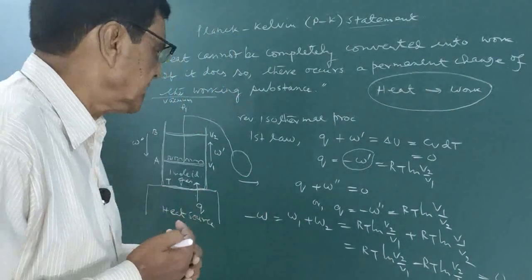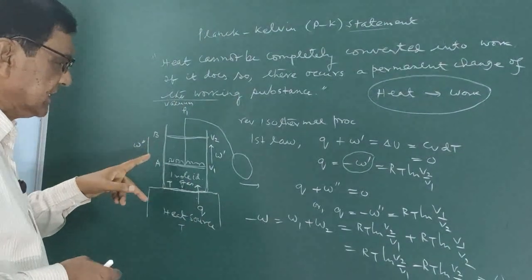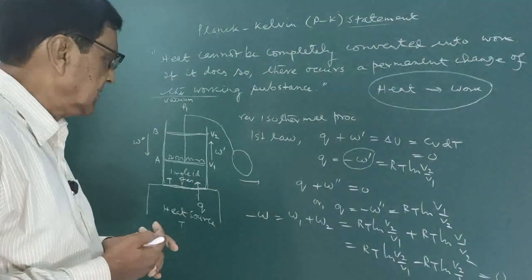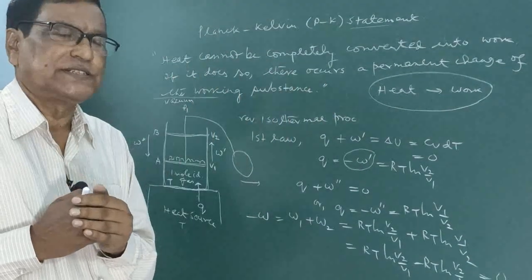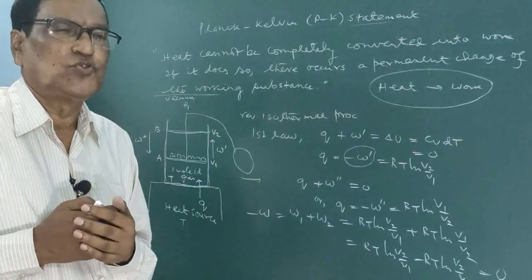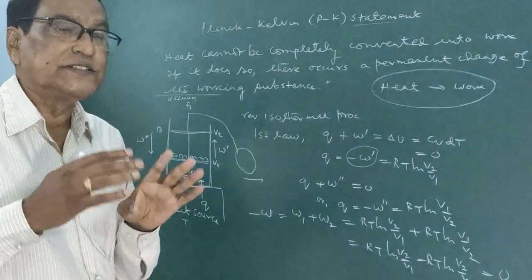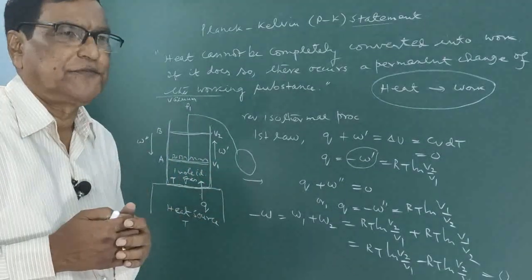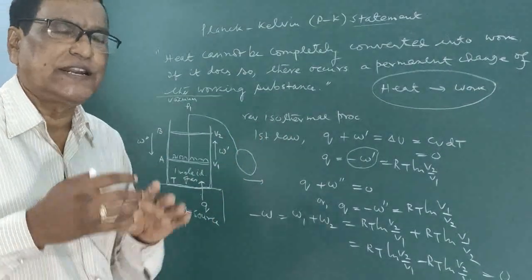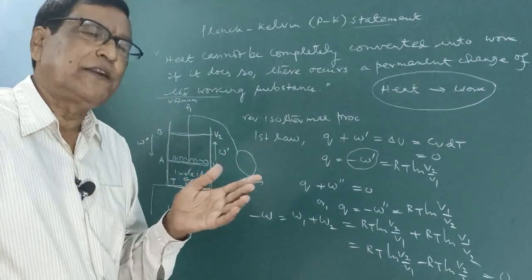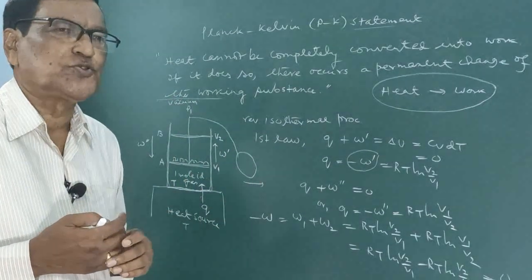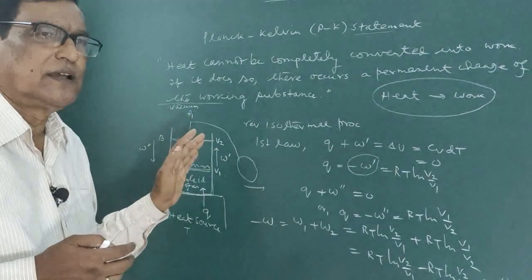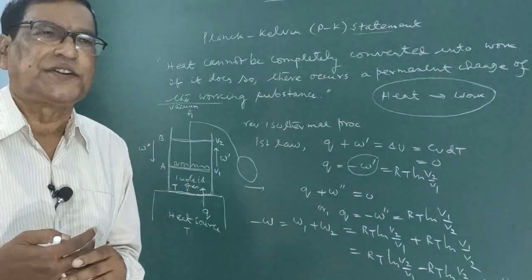If we consider the reversible isothermal process, in this case also, as I have already shown in the reversible cyclic process, heat has to be applied from an external source to make this engine come back to its initial state.